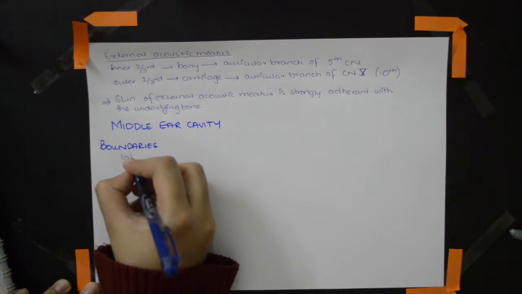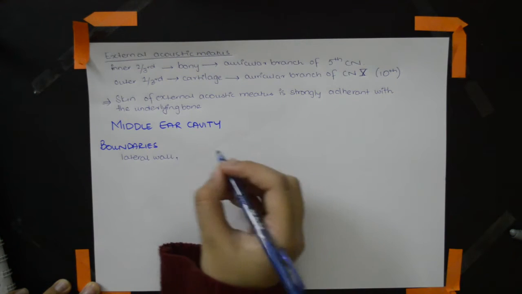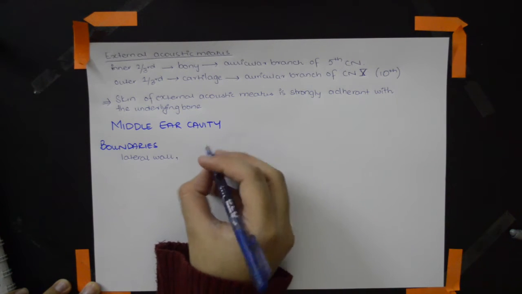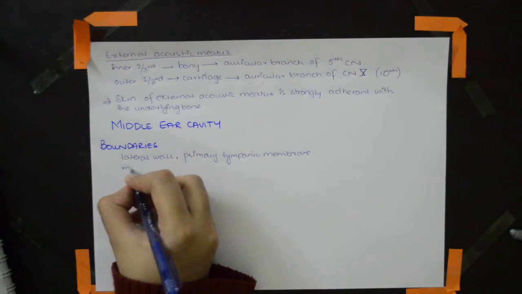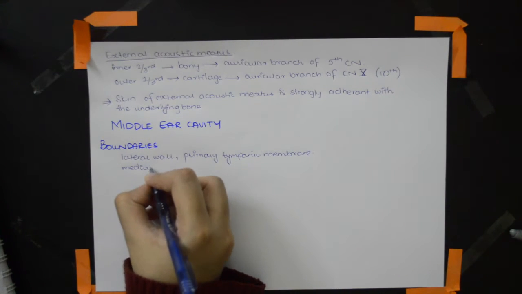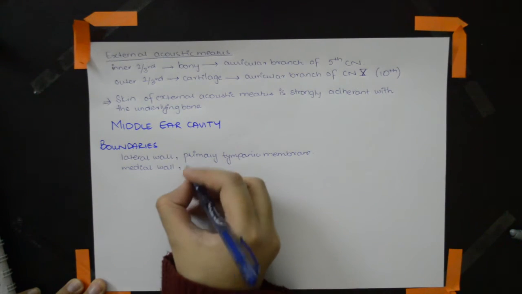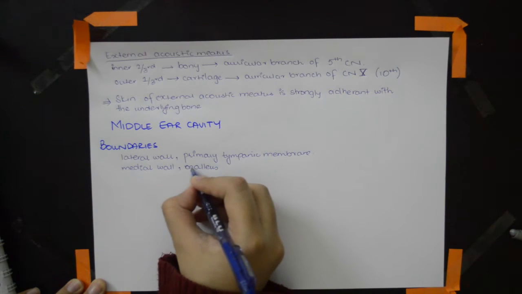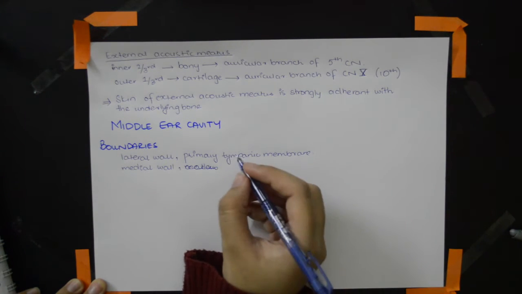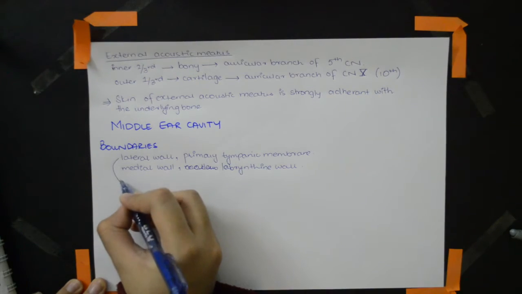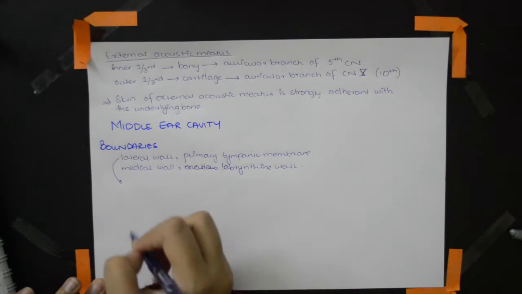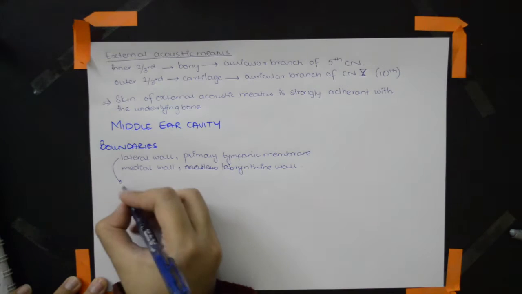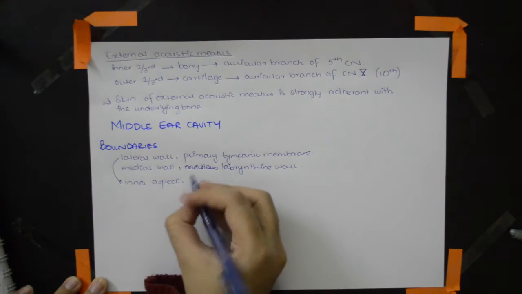So the lateral wall of the middle ear cavity has a primary tympanic membrane, and the medial wall is the labyrinthine wall. The inner aspect of the lateral wall has the attachment of malleus.